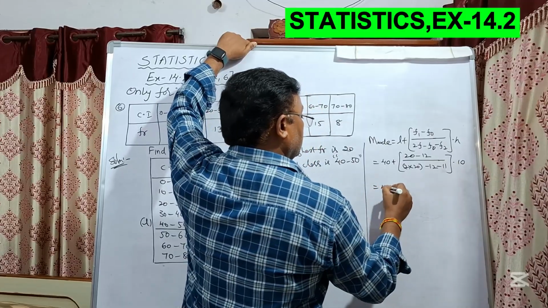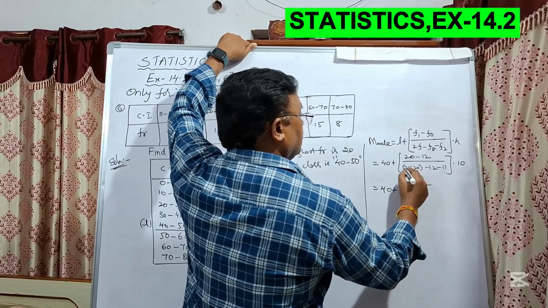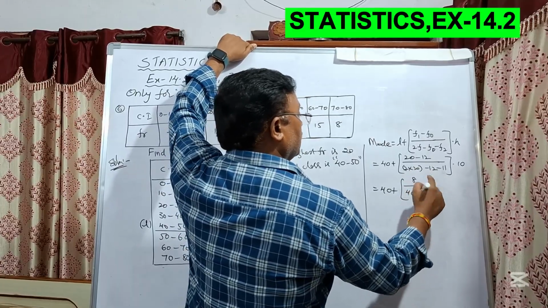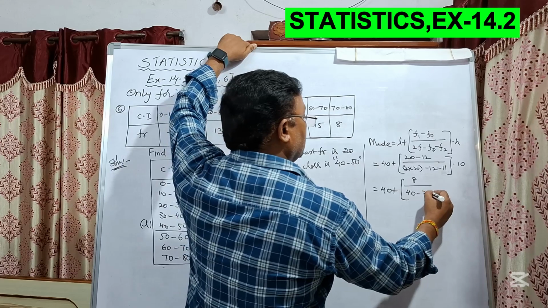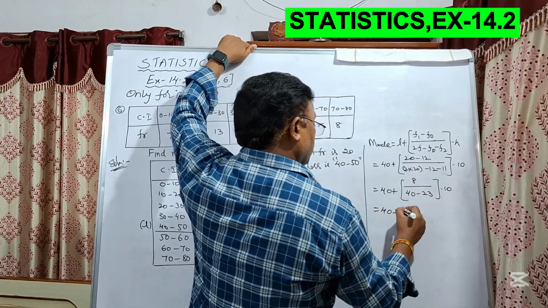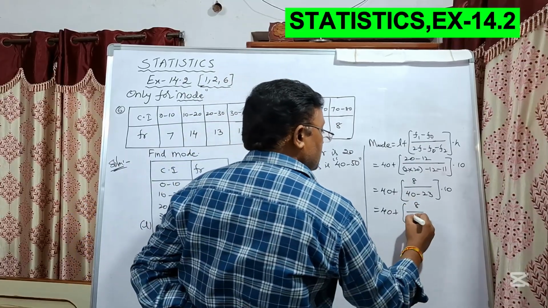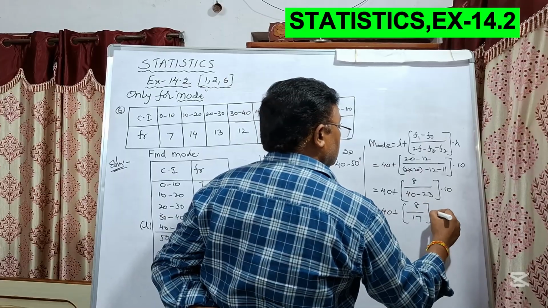This is equal to 40 plus 20 minus 12, value 8, by 2 twenties are 40 minus the negative values 23, into 10, which is equal to 40 plus 8 by 40 minus 23 is 17, into 10.